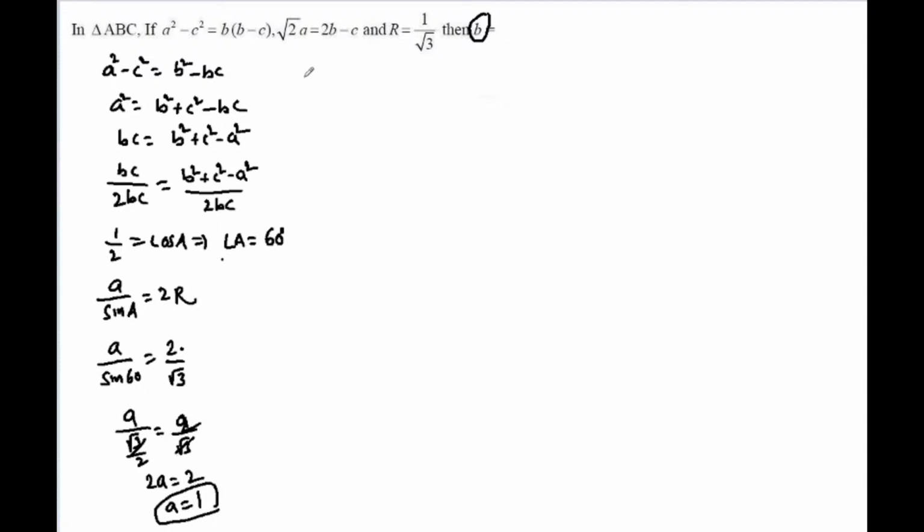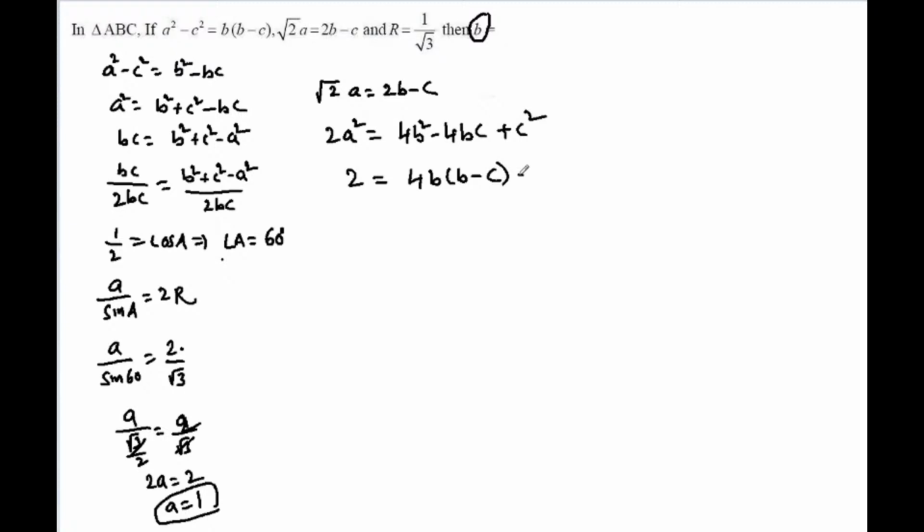Now the second relation is given, that is root 2 a is equal to 2b minus c. So squaring on both sides, 2a square is equal to 4b square minus 4bc plus c square. We know that a value is 1, so 2 is equal to 4b into b minus c plus c square.